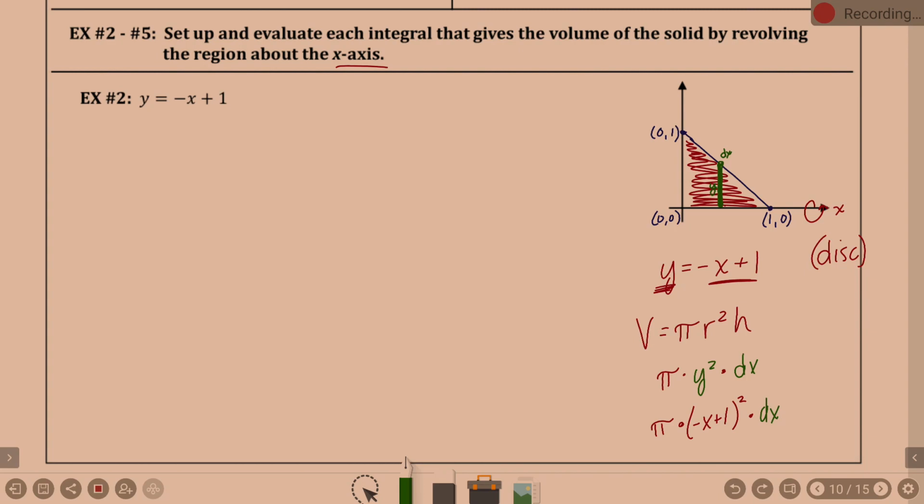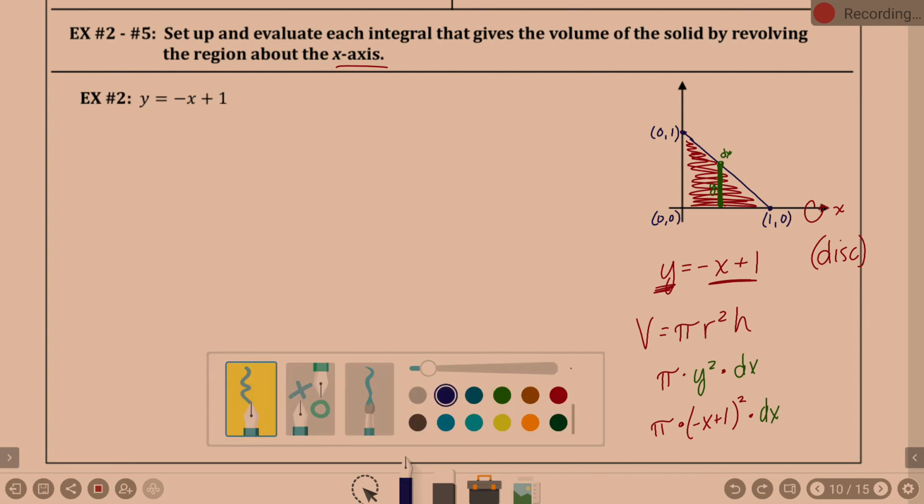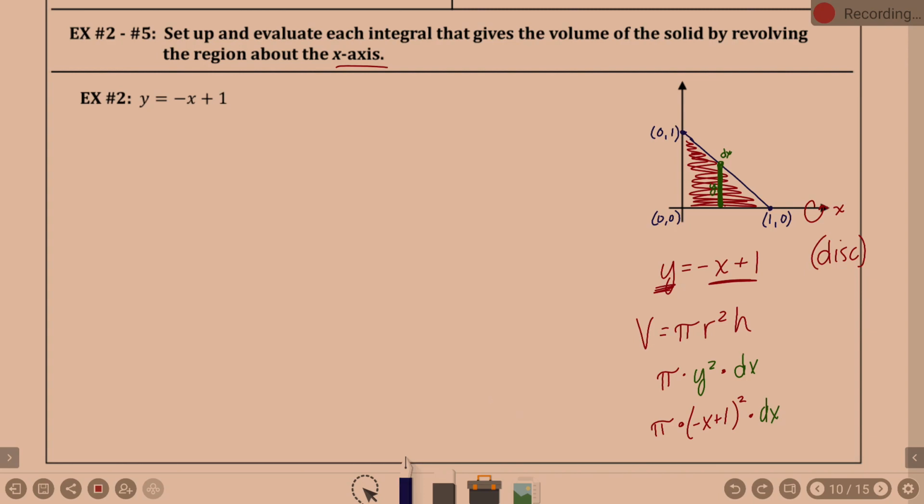This is what you're integrating, folks. The only thing we haven't talked about is what bounds to put on there. 0 to 1. Left and right on the x-axis, this 0 and this 1. Now, I know, stupid question, but it matters, because it's not always going to be the same number.